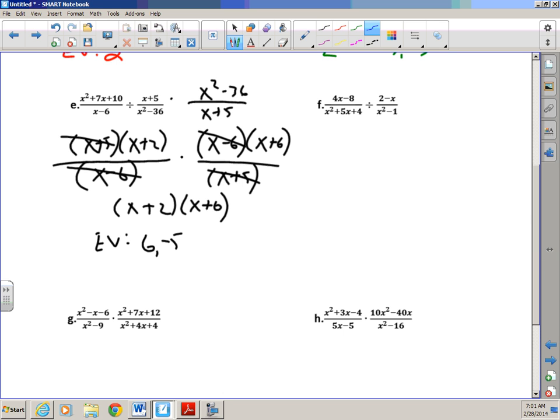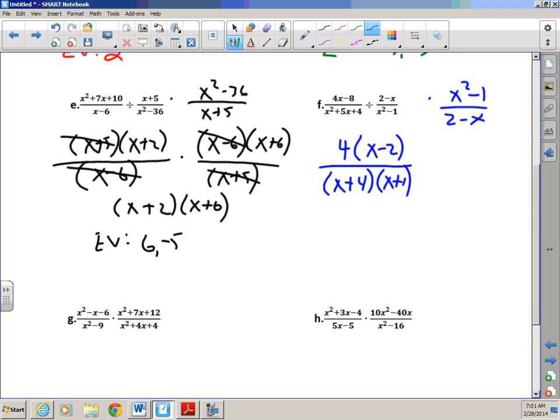Similarly, in this one, it's going to be times x squared minus 1 over 2 minus x. So I get 4x minus 2 over x plus 4, x plus 1, x minus 1, x plus 1, and 2 minus x we can't factor.